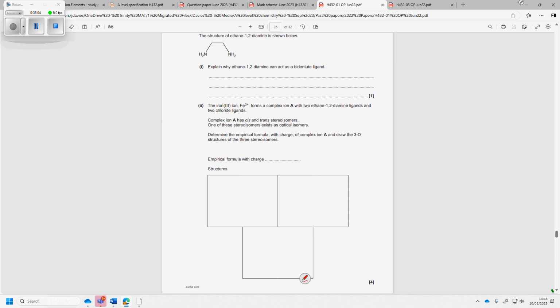Worst case scenario, they could give you a 6-mark type question, a feature of which might be to describe stereoisomerism in transition metal complexes. You've got to know the examples, you've got to be able to show cis-trans and optical isomers. Okay, we'll leave that video there.